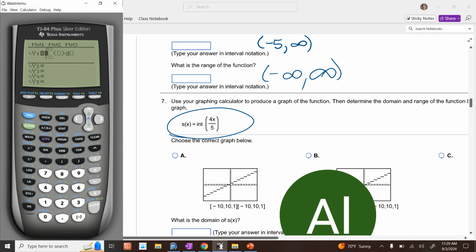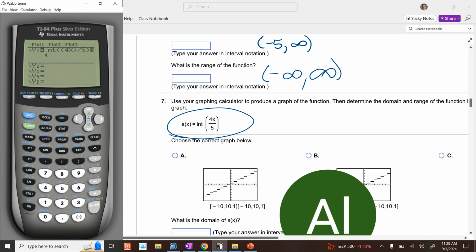Y equals clear. There it is, number 5. Math, integer, and then you guys are good at putting in fractions. My fractions don't work so good. So I'll go parentheses 4x parentheses divided by 5 parentheses.